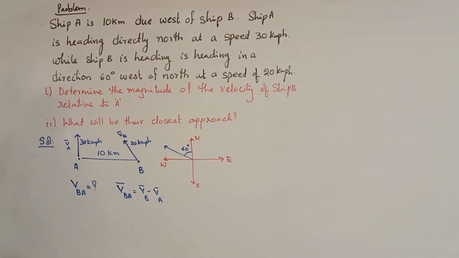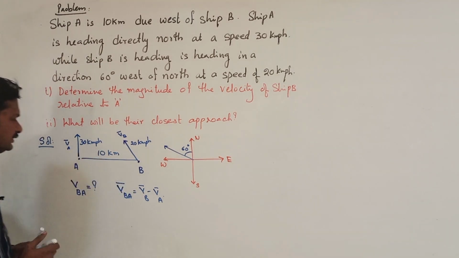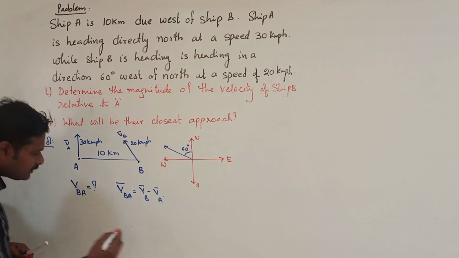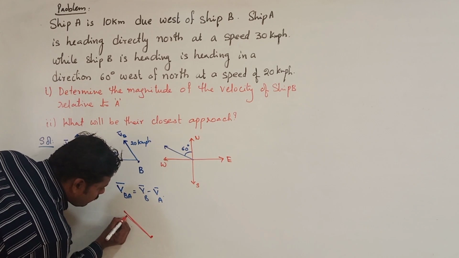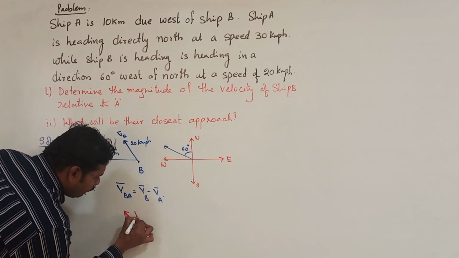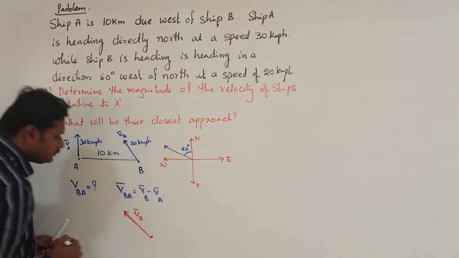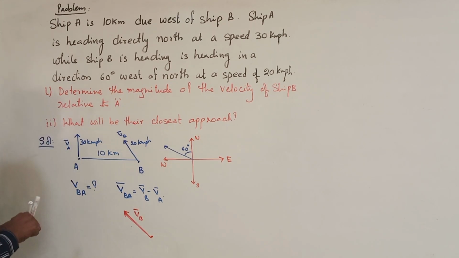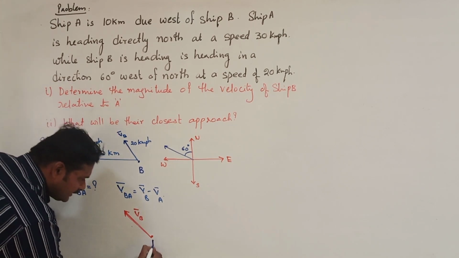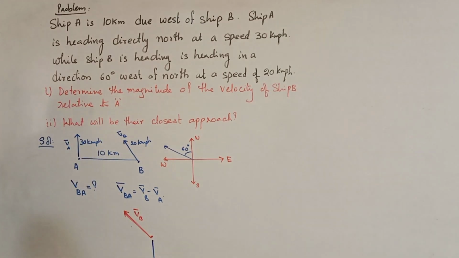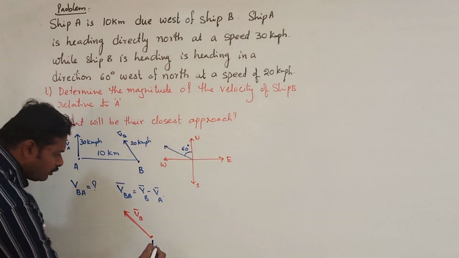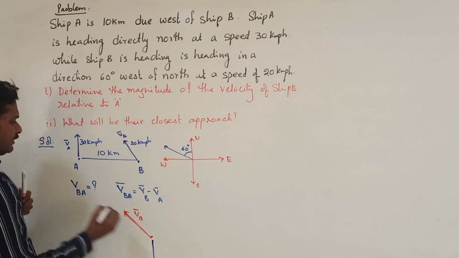Right? Now minus VA is there. Let us simply understand that this is the VB vector, this is plus VA. Now I would write this as minus VA, of course opposite to plus VA.